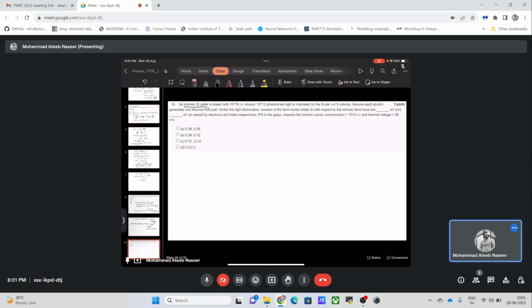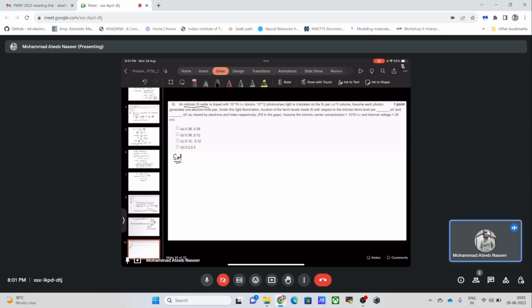So this light illumination will move the material out of equilibrium, and we will be having some Fermi levels, which we will call the quasi Fermi levels, and we will see whether they will be different for both the electrons and holes, or whether they will be the same for both of them.